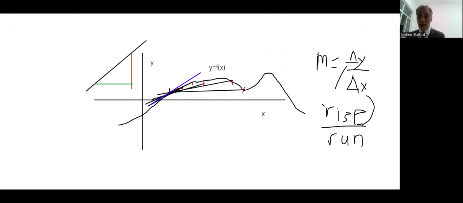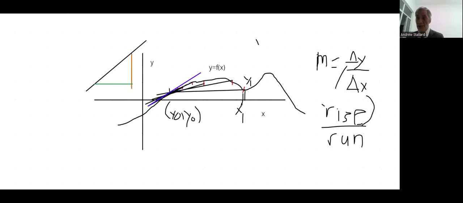We can call these, let's say, x1, and here is y1, and we'll call this point x naught, y naught. Now, what is the rise is change in y?